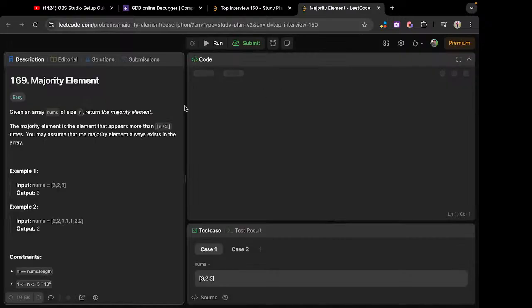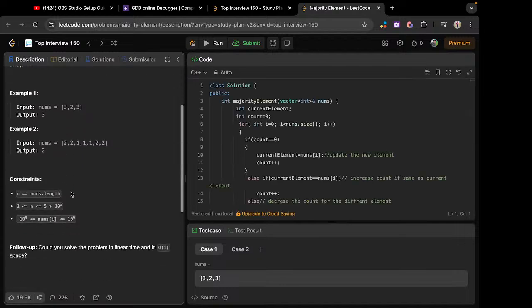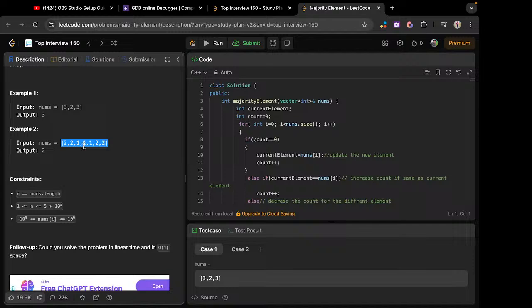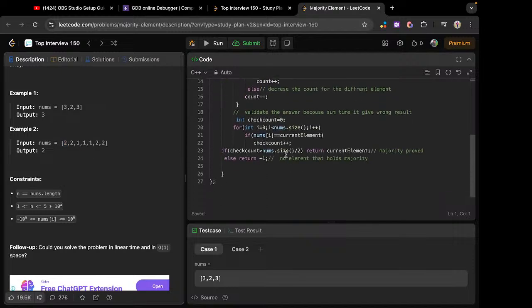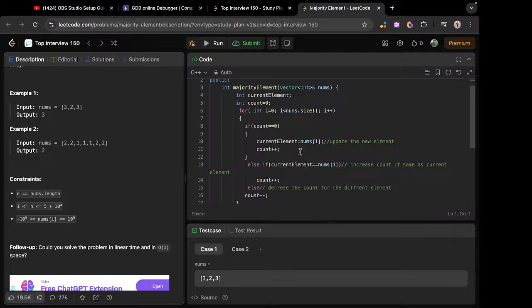Am I able to solve it again? If this is the question, then I have to check. I already solved it. Then what's the logic behind it?